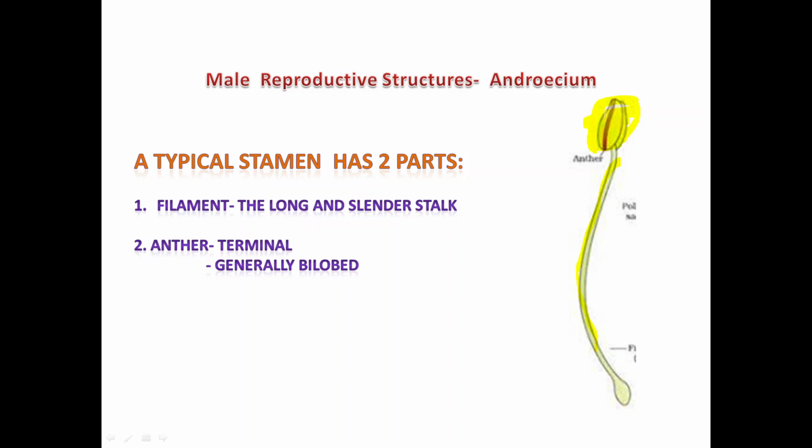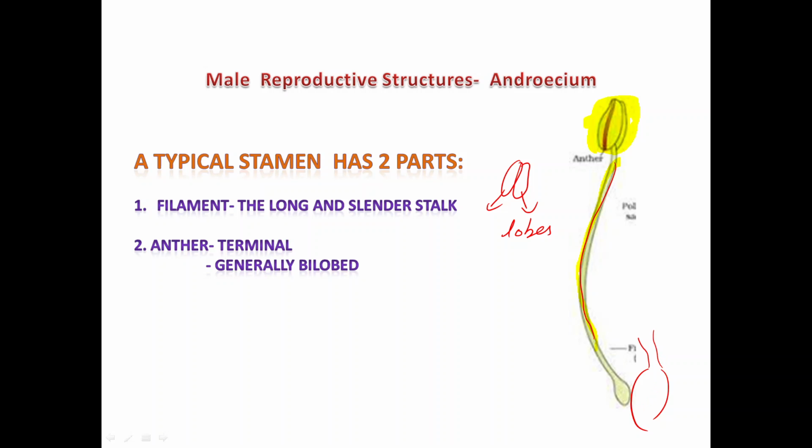So anther is located at the terminal portion and it is mostly bilobed. That is, it has 2 lobes. It is generally bilobed. It can be multilobed also. And this is the filament. Filament is the long, slender stalk, and here it could be attached to the thalamus of the plant.